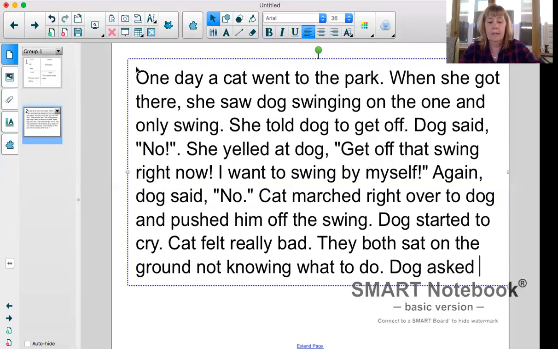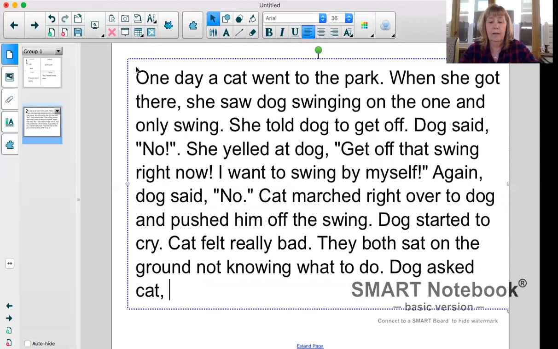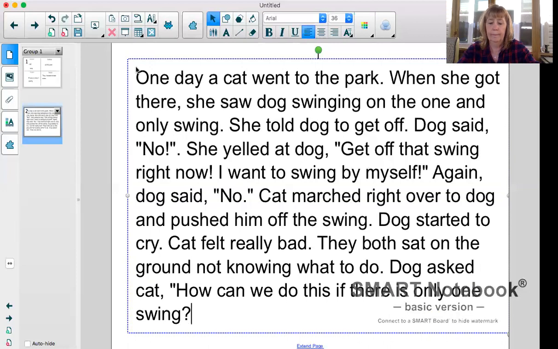Dog asked cat, how can we do this if there is only one swing? Cat thought for a minute.